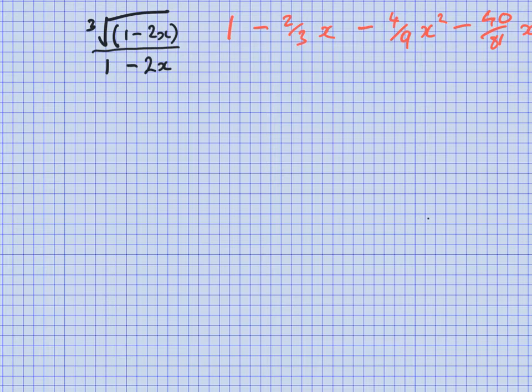So now I'm going to consider the next part, the denominator of this, which is (1 minus 2x) to the minus 1. So we can work through and do the same procedure.